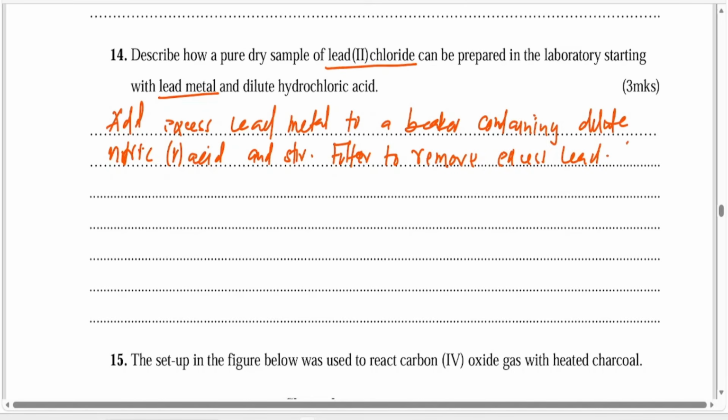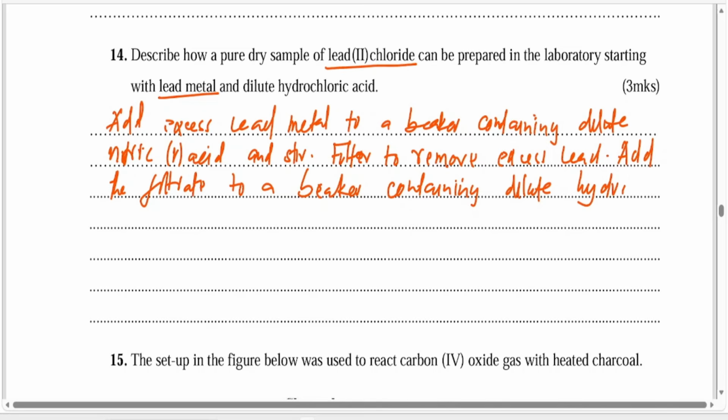Add the filtrate to a beaker containing dilute hydrochloric acid to precipitate out lead 2 chloride.